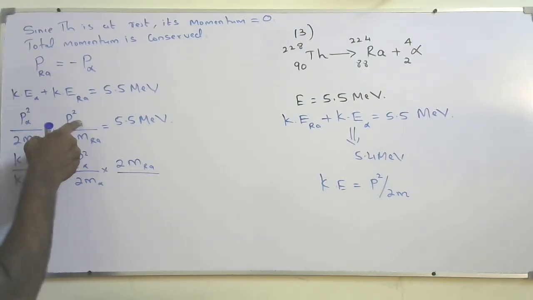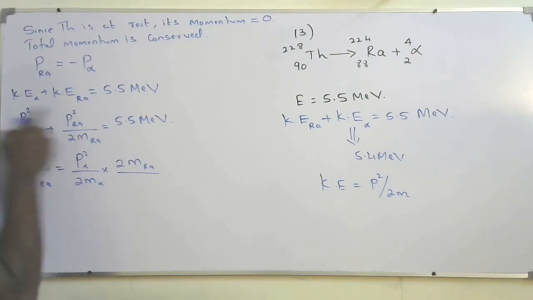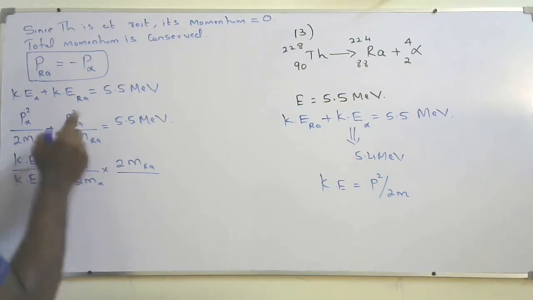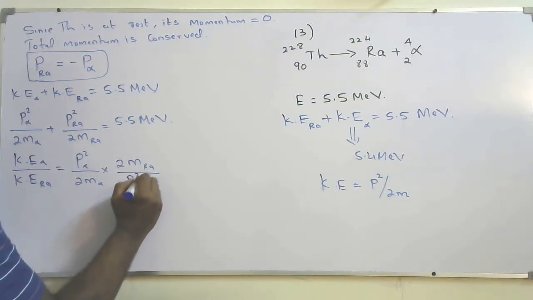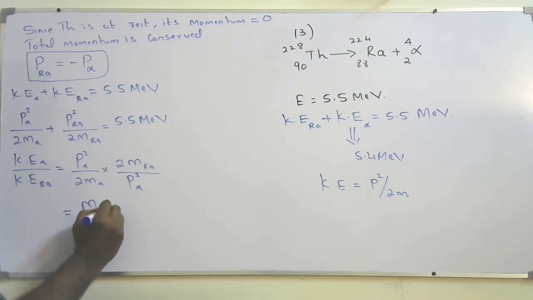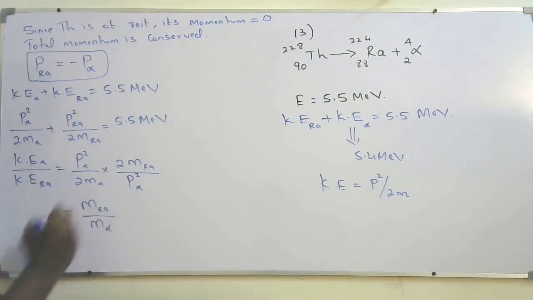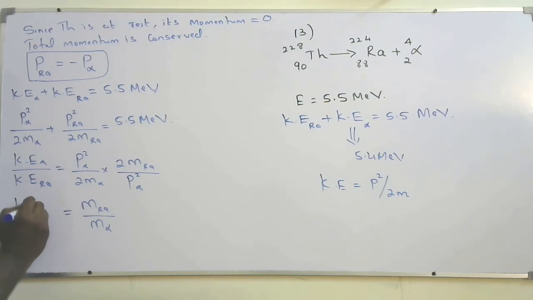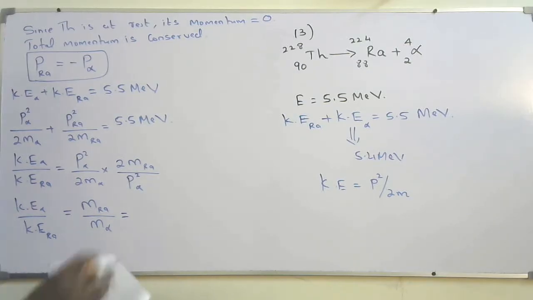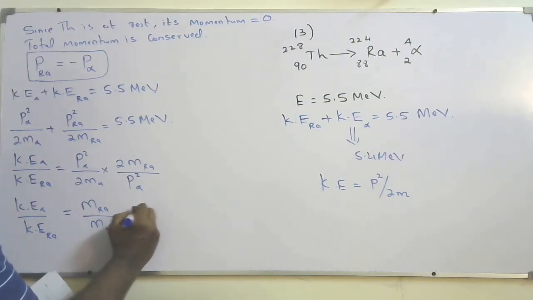Instead of P squared radium, I can put P squared alpha because both have the same momentum magnitude. So that is going to be the mass of radium over the mass of alpha. The kinetic energy of alpha to the kinetic energy of radium will be in the ratio of the mass of radium to the mass of alpha.